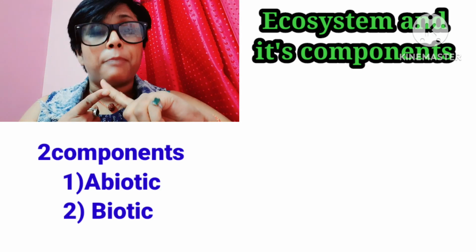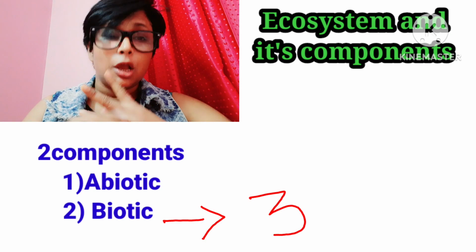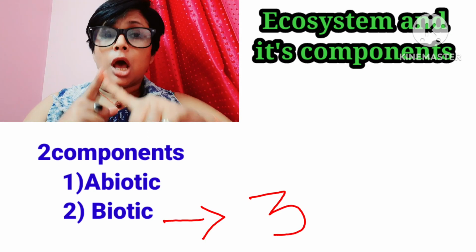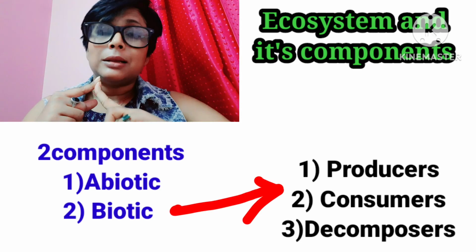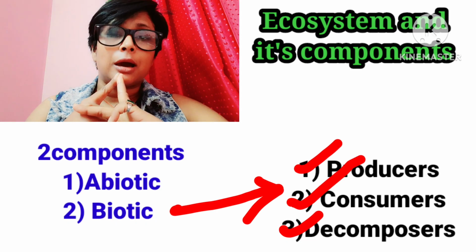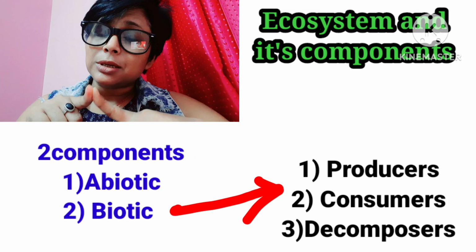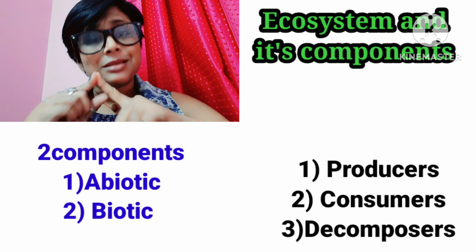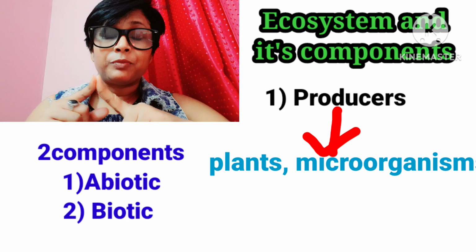And the biotic component is of three kinds. One is the producers, number two is the consumers, and number three are the decomposers. And who are the producers? The plants and some microorganisms are the producers.